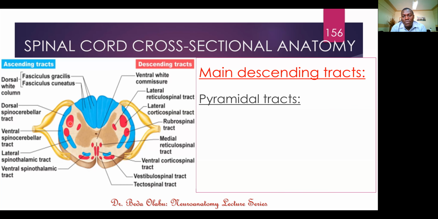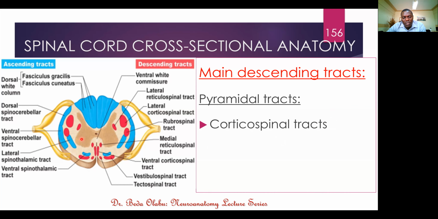But you can also have neurons which come from the cerebral cortex, which terminate in the spinal cord. Those are the ones that will be found here. Those ones specifically are known as corticospinal tracts, as opposed to corticonuclear tracts that go to the brainstem. Corticospinal tracts occupy this region and that region of the spinal cord. This is the main one.